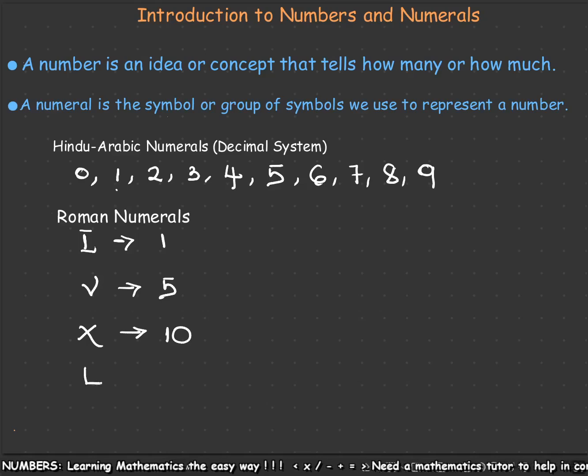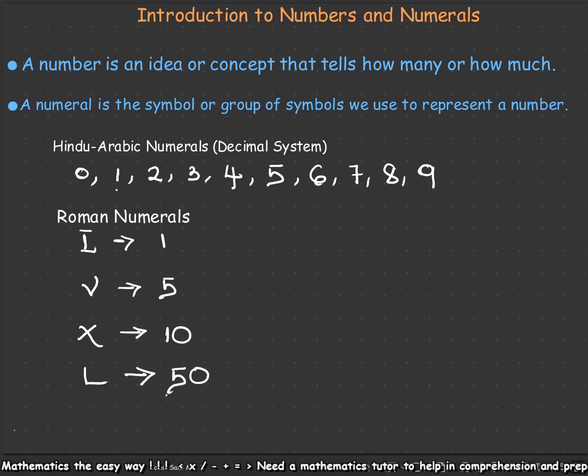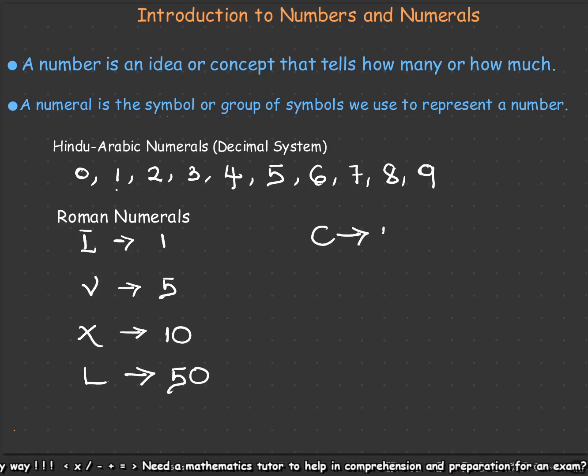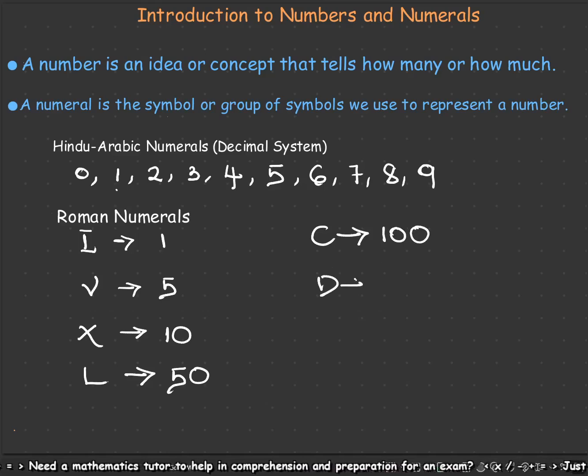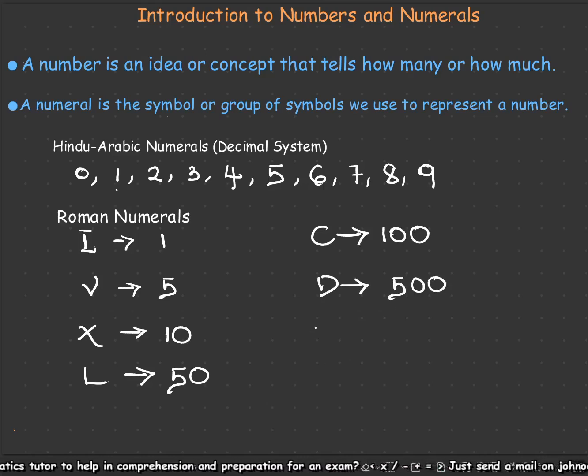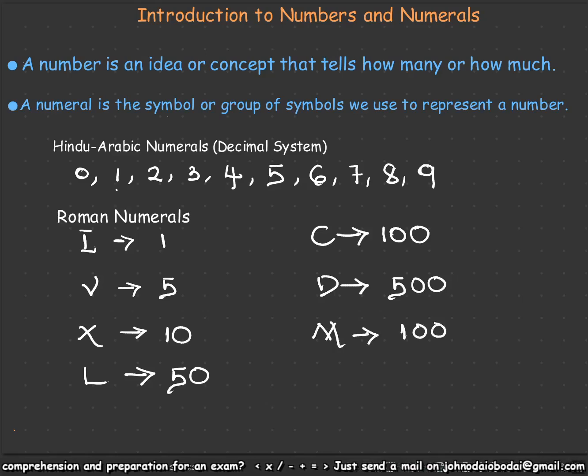So we have L, which represents 50. And then we have C, which would represent 100. Then a D, which would represent 500. And then an M, which will represent 1,000.